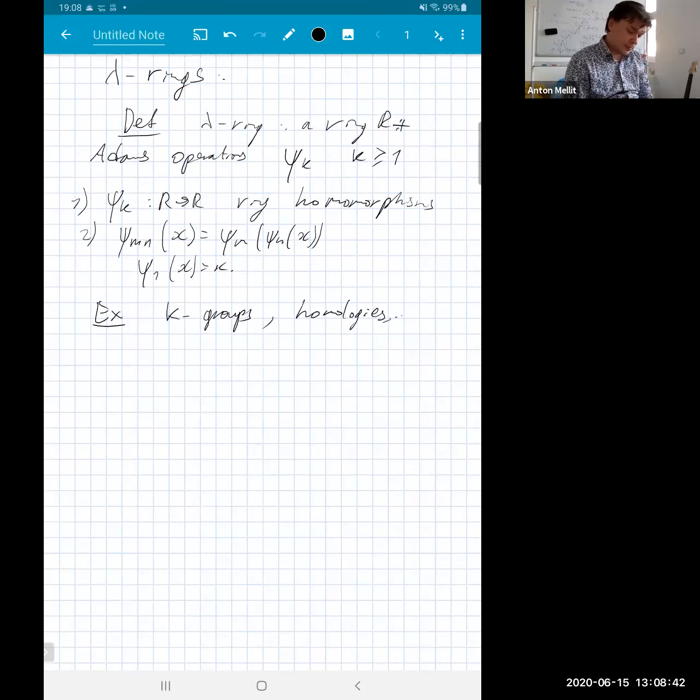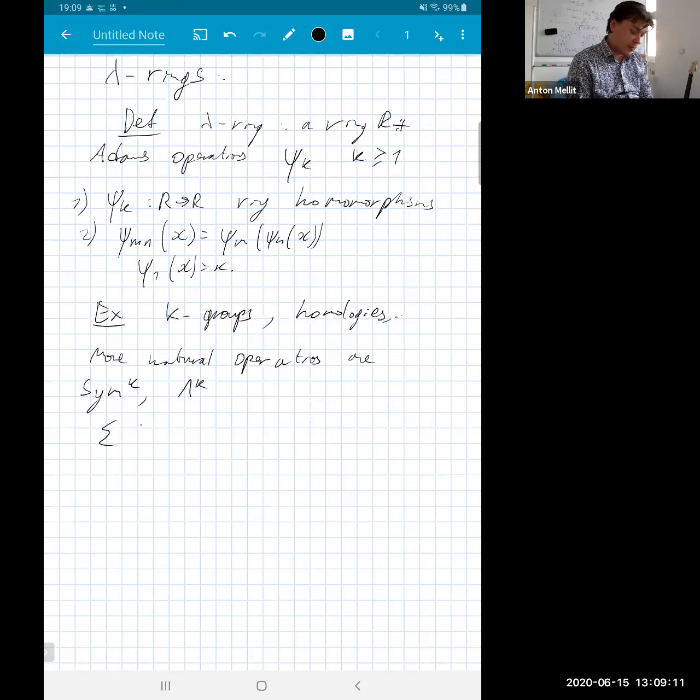The way to think about them is usually you think about the K group of something, and more natural operations are the symmetric powers and exterior powers, and they can be expressed in terms of the Adams operations by a formula.